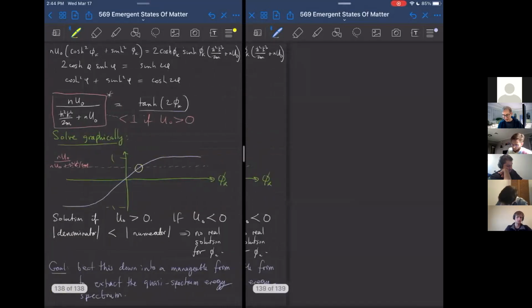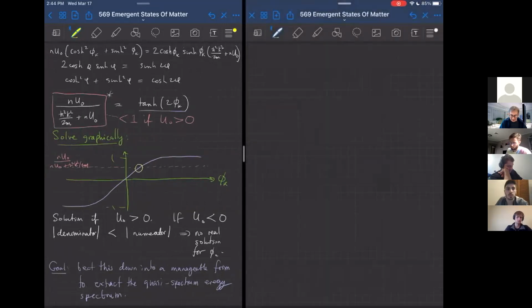So let's do that. I'll call this step 5, since this is purely some algebra.